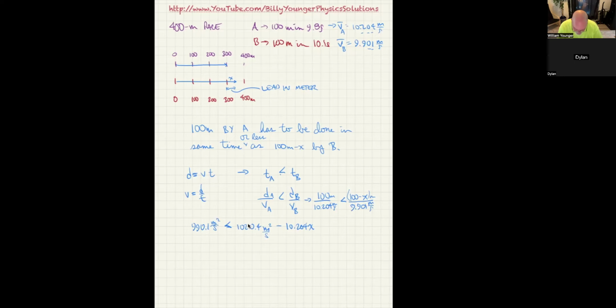What I can do now is I can pull the 10.204x to the left-hand side, and I can subtract 990.1 from both sides.